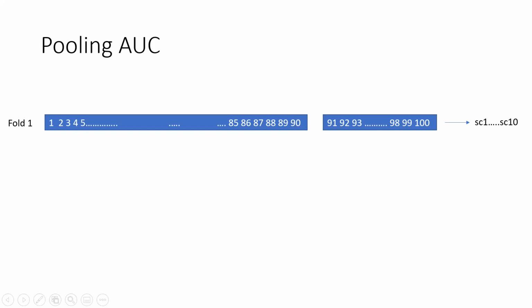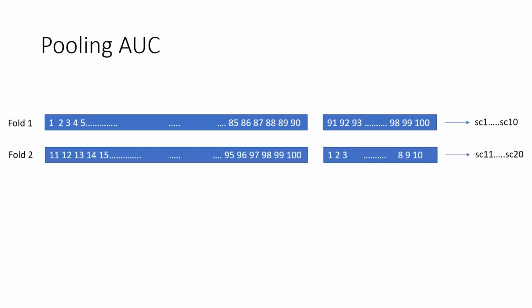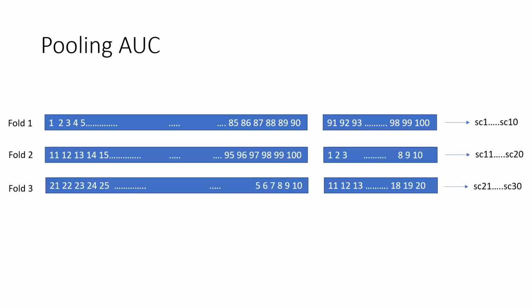The classifier that I'm testing can be an SVM, an autoencoder, or whatever neural network classifier. For these 10 samples in the test set, I can get 10 scores, or 10 probabilities.